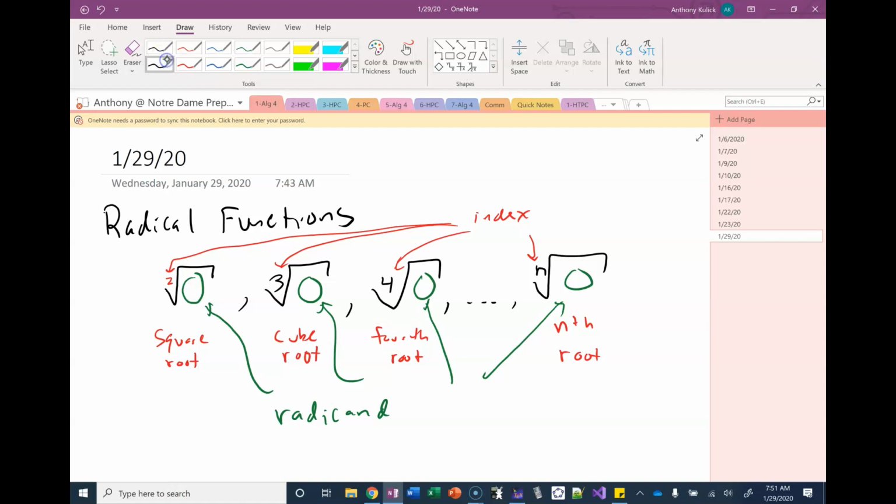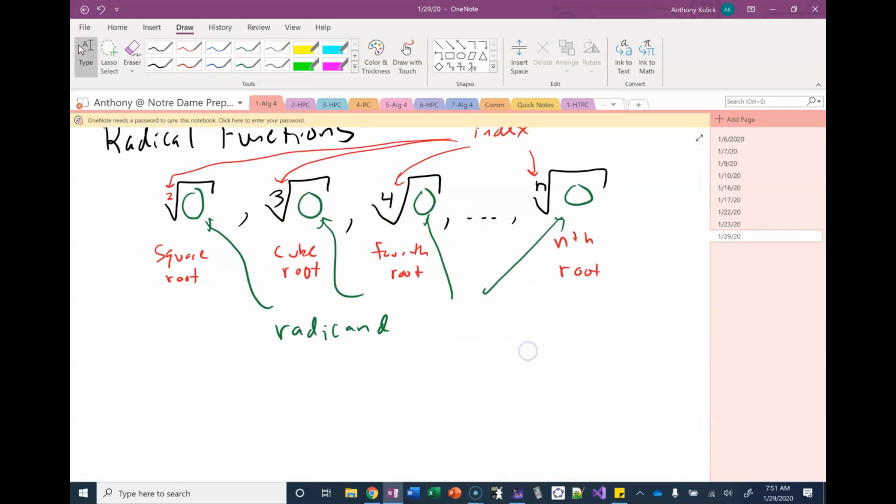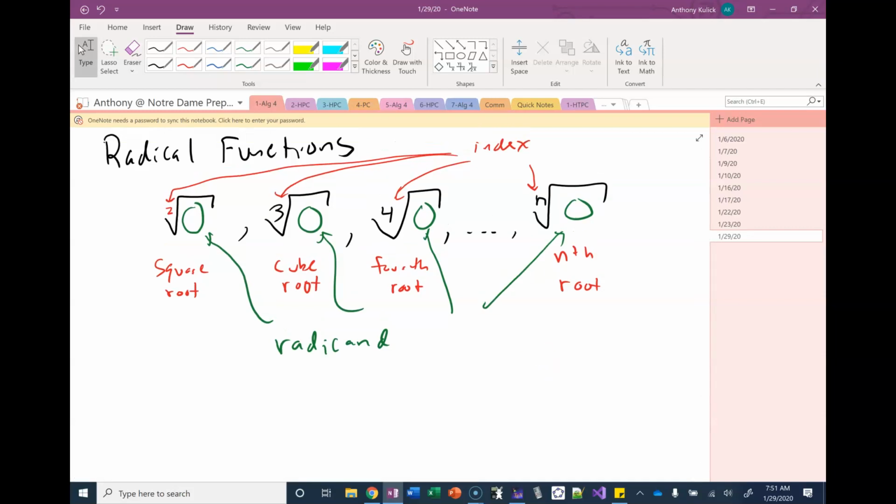Okay. So that's just a little bit of vocab. Everybody's okay with that vocabulary? Nothing crazy there.